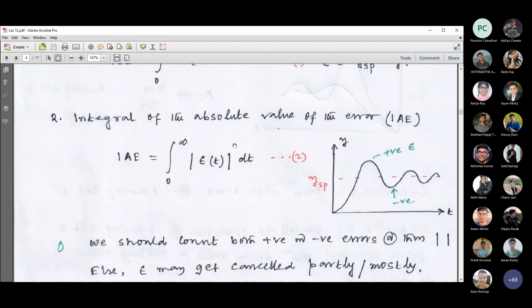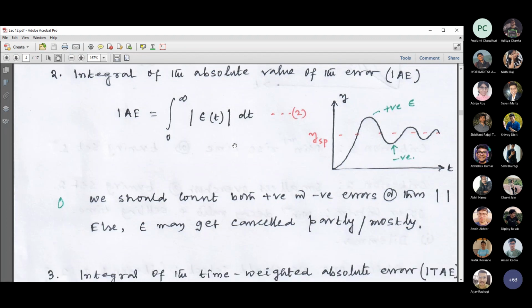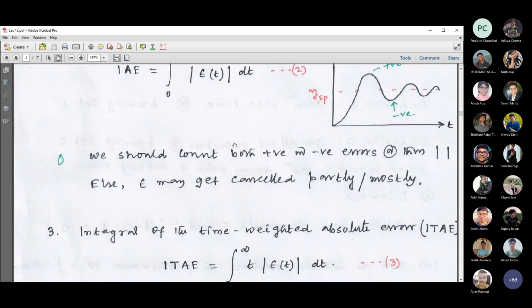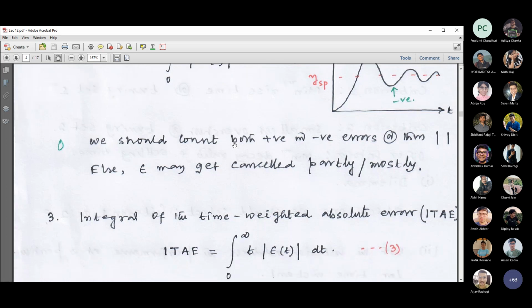Okay, now come to the third criteria. That is integral of the time weighted absolute error, ITAE. So here what we do, we multiply the time t into absolute value of the error.